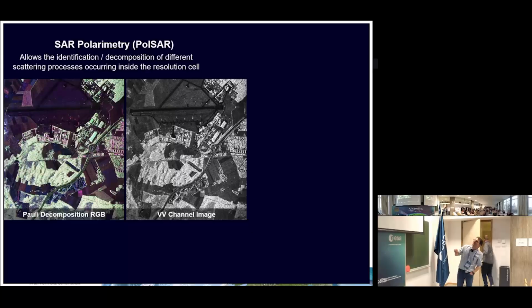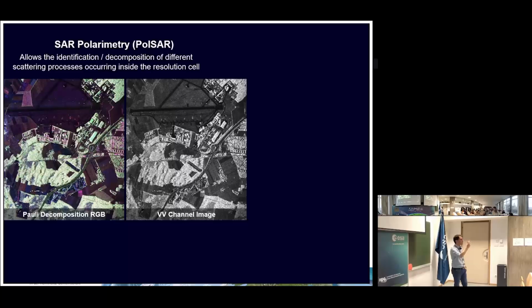Now you start to distinguish the forest here. You see it, it's very green, so it's not only bright, it's also green. So you have a lot of randomly oriented dipoles. Then you have here these buildings. So buildings now, they appear purple.